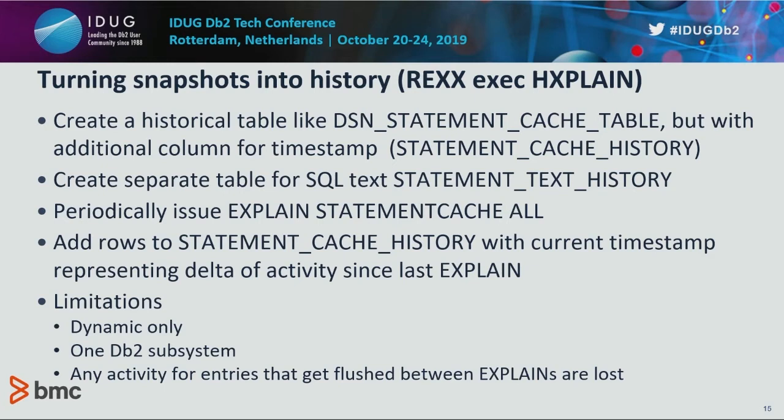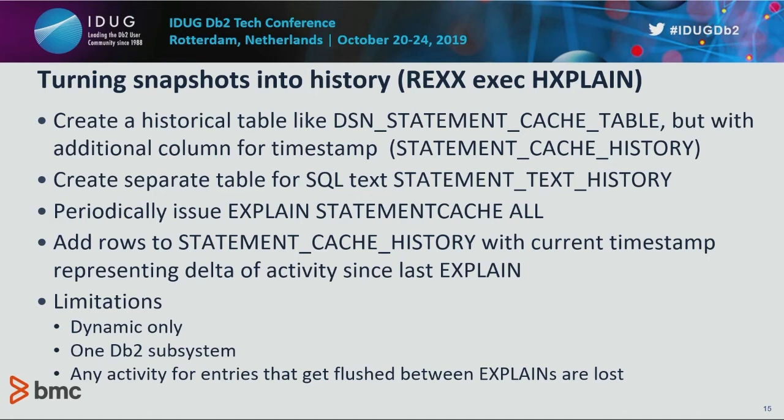So I pretty much stopped there as far as what I did in the Rex. That left some limitations in that it was only for dynamic because I was basing it on the explain. It's set up to connect to one DB2 subsystem. So across the data sharing group, you'd want to apply this and accumulate things from multiple subsystems.